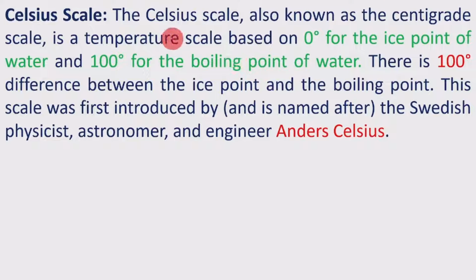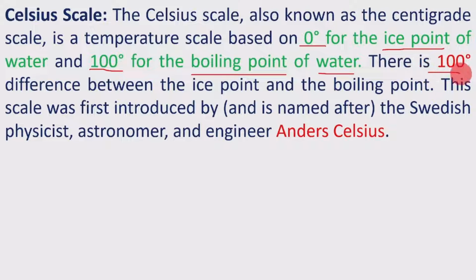Firstly, we'll take the Celsius scale. The Celsius scale, also known as the centigrade scale earlier, is a temperature scale based on 0 degree for the ice point of water and 100 degree for the boiling point of water at atmospheric pressure.